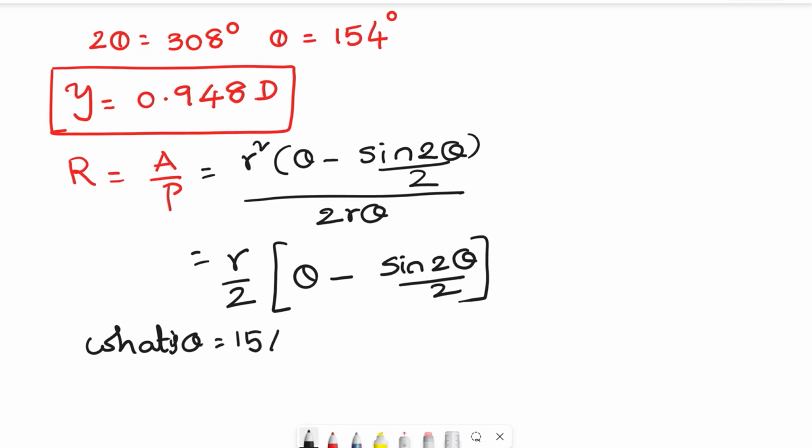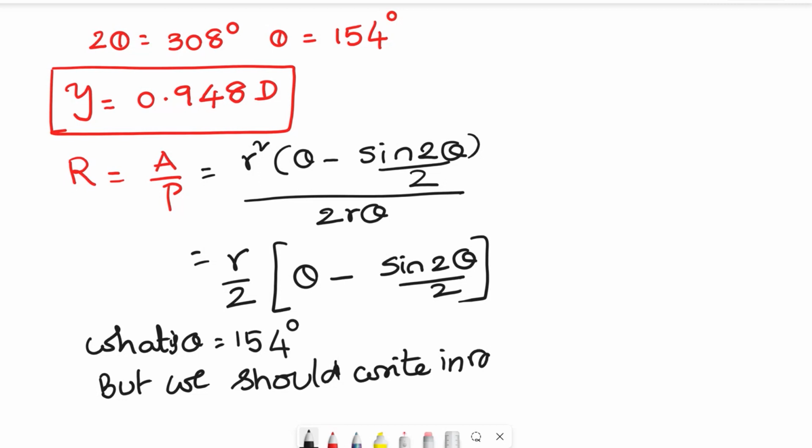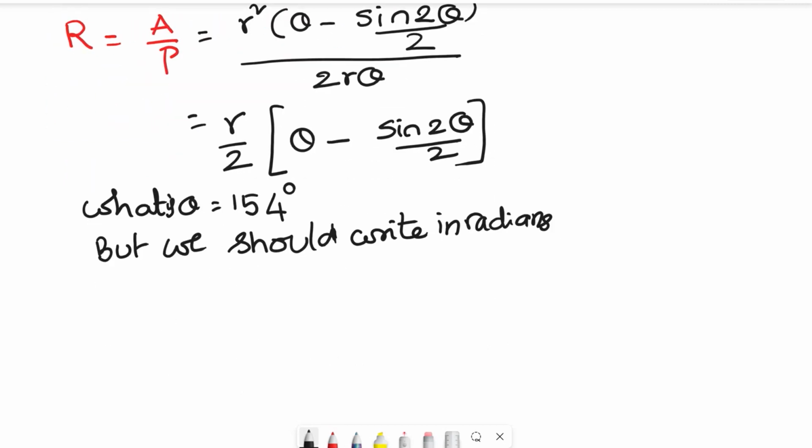So now we can go ahead with that, substituting theta, which is 154 degrees. But we should write in radians. Therefore, theta is equal to 154 into pi by 180.